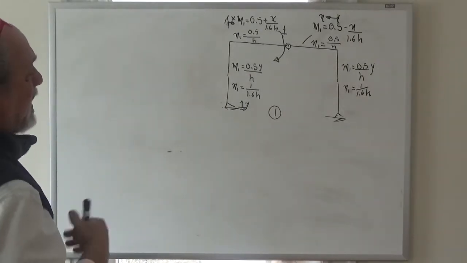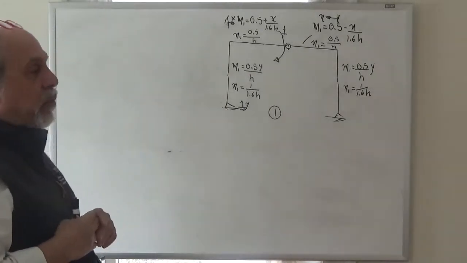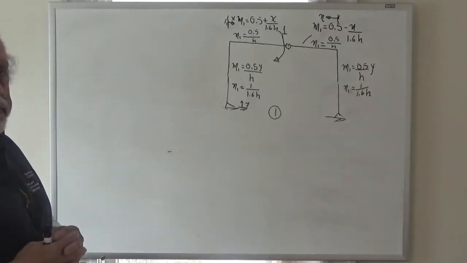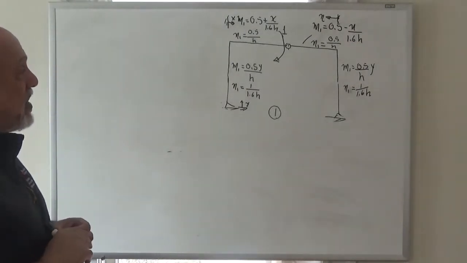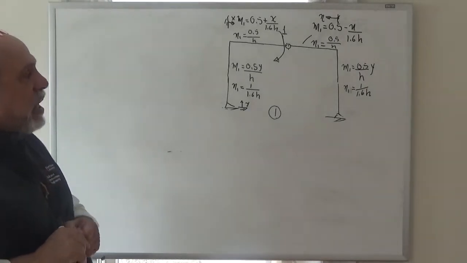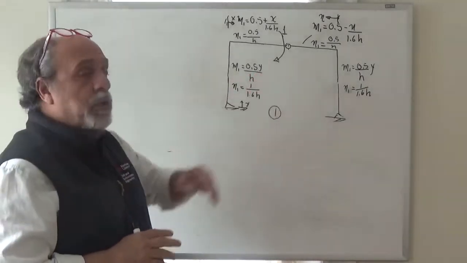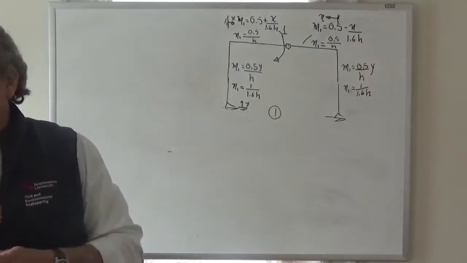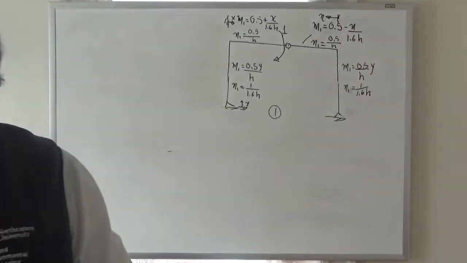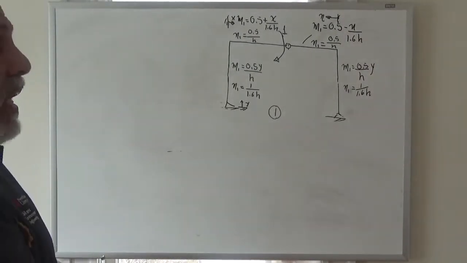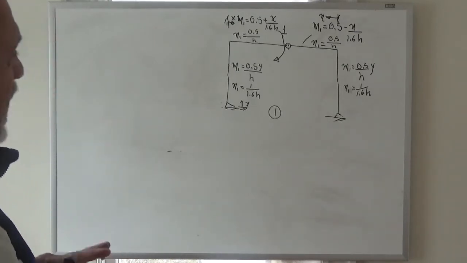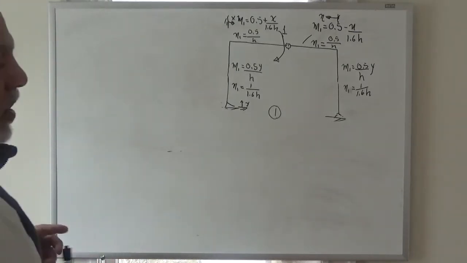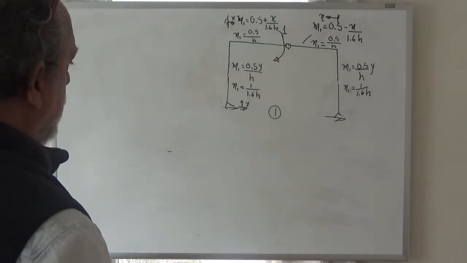If we had a different loading that was not the P load in the middle, but the question was the same, what is the rotation on the left side of the hinge, then the 1 kip load would be the same, right? So different loads give different P's, but the unit moment case does not change with the loading, it changes with the question.